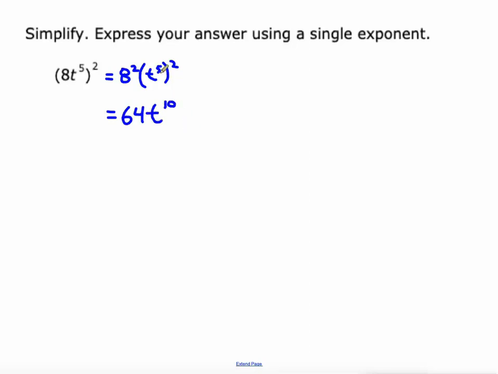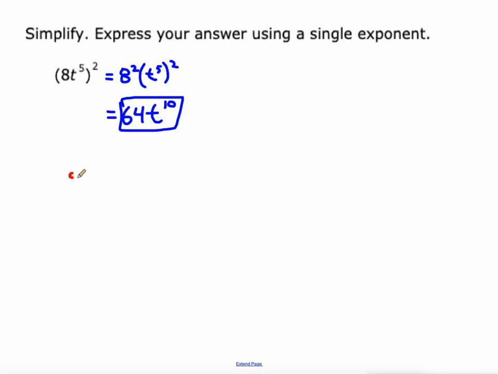So when you're doing t to the fifth times t to the fifth, you would add the two fives, but in this situation, we're just multiplying 5 by 2. So here's another way to look at this. First of all, that is our answer. We're done. 64t to the 10th.